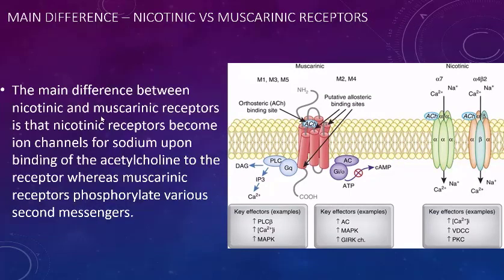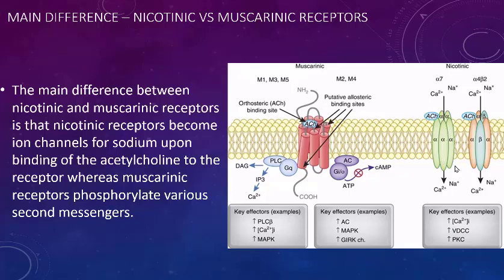The main difference is that the nicotinic receptor becomes an ion channel for sodium upon binding of acetylcholine to the receptor, whereas muscarinic receptor phosphorylates various second messenger systems. The nicotinic receptor actually binds to the ionic channel.